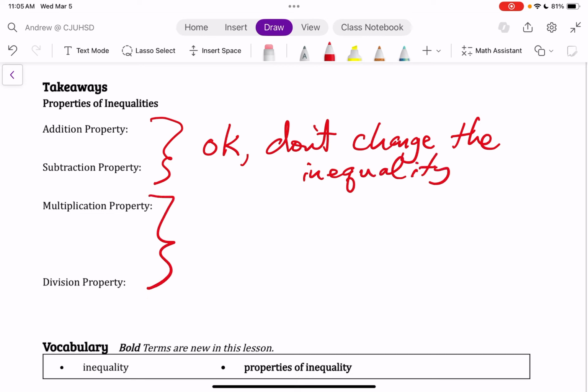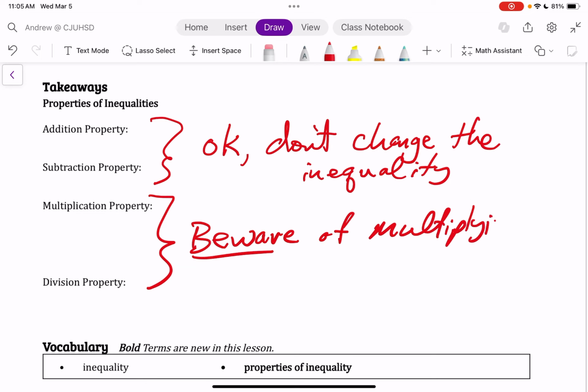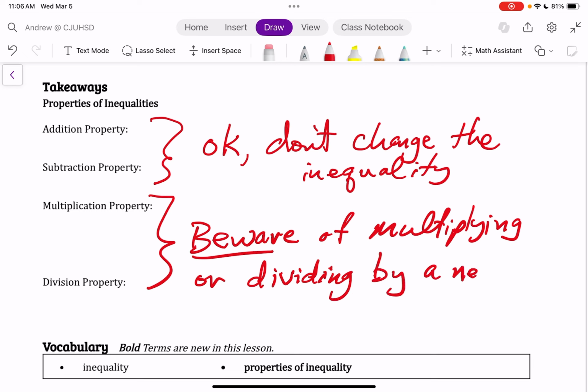However, multiplication and division, I would say beware of multiplying or dividing by a negative. And again, we'll address that in a future lesson.